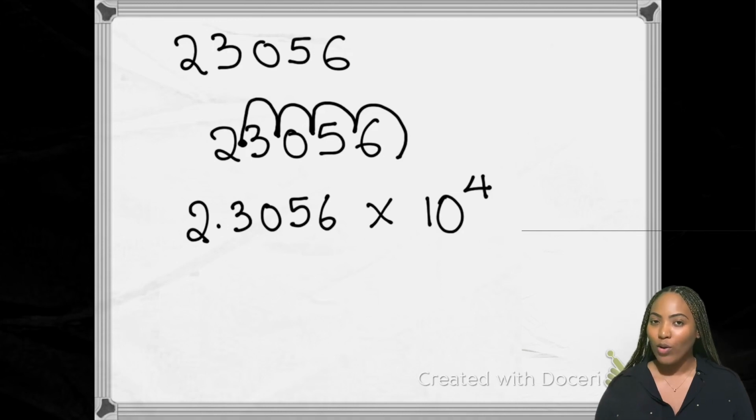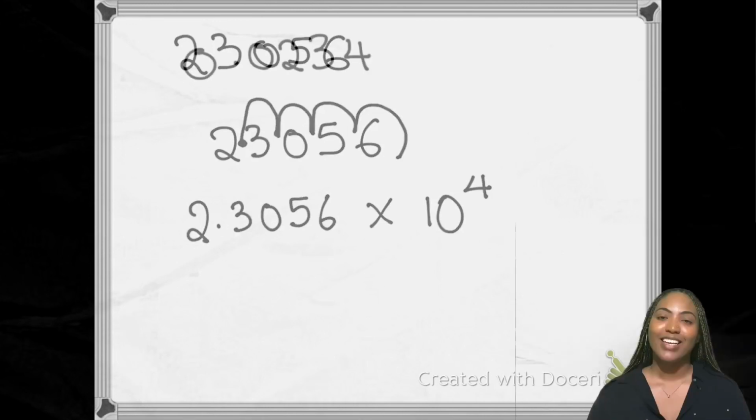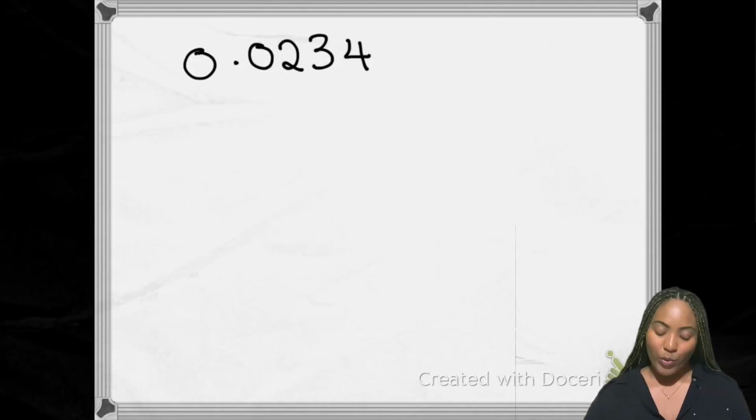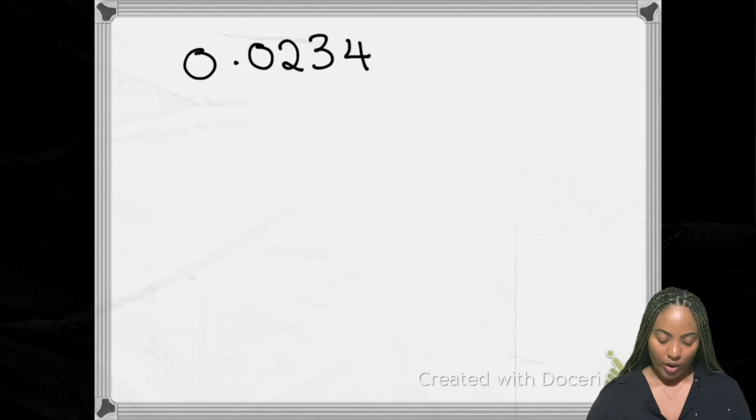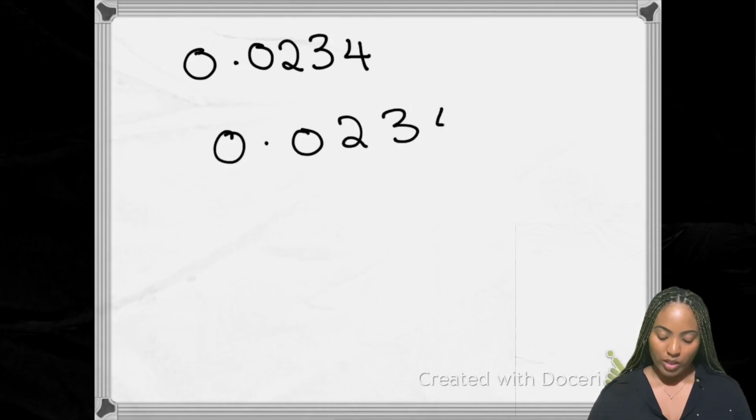Now let's try one with a small number. For our second question, we will put 0.0234 in scientific notation. Now again, as I said, usually we start off by rewriting the number with a little more space in between the digits so that we can actually move the decimal places.